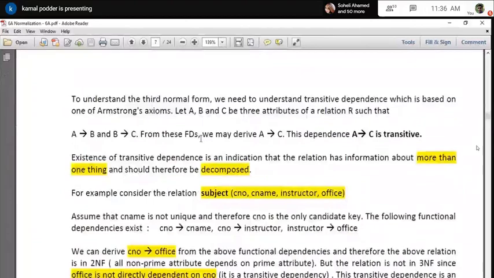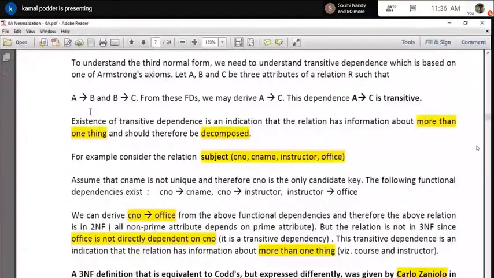Basically, A depends on B and B depends on C. Then as per the functional dependency, we can say that A depends on C. So naturally you can understand that if you have a prime column A and an attribute B, there is a direct relationship with the prime column.